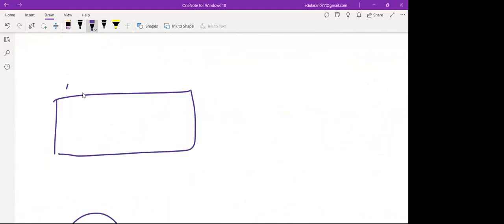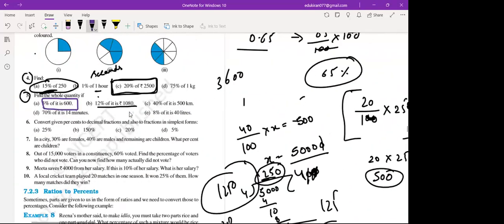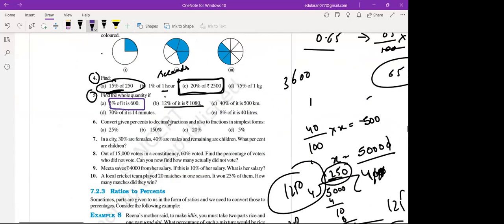When I told you the first one was in percentage, then you converted into fraction, right? And then you converted into decimal. Yes, ma'am. So this is what you will do. Convert the given percentage to decimal, fraction, and also to fraction in simplest form. Clear? Yes. Can you do it?